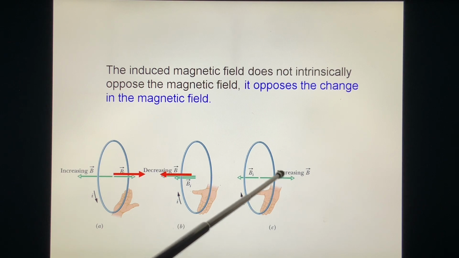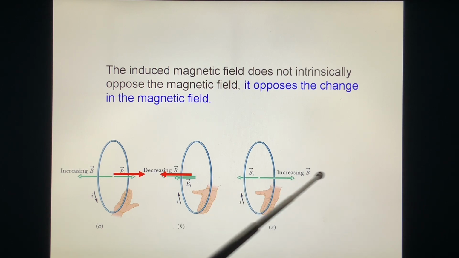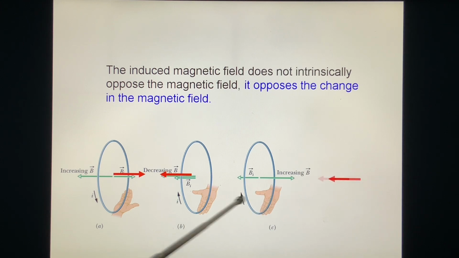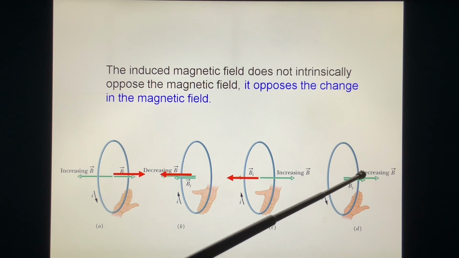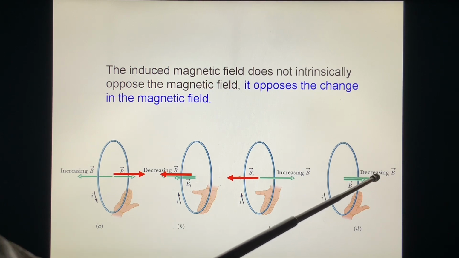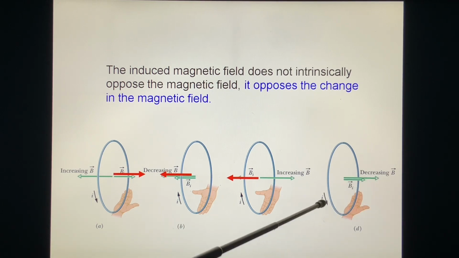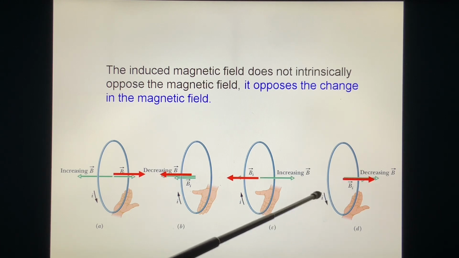If the magnetic field increases, the induced current will oppose it and go the opposite way. This is the direction. If the magnetic field decreases, the induced current will oppose the decrease, so it will produce B this way. That's the direction.